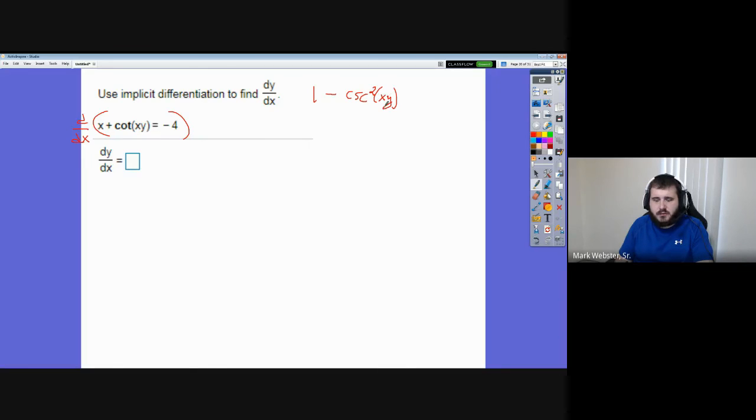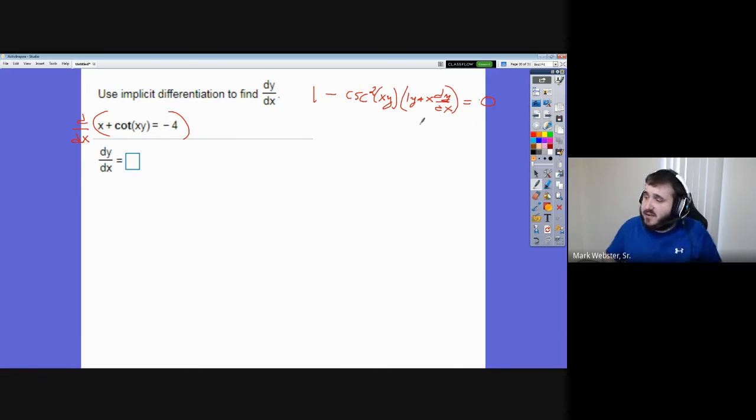So now we have to use the chain rule, take the derivative of xy times 1y, because I took the derivative of x, and now I'm going to take the derivative of the other side, plus x dy dx equals, well, derivative of -4, which is 0.